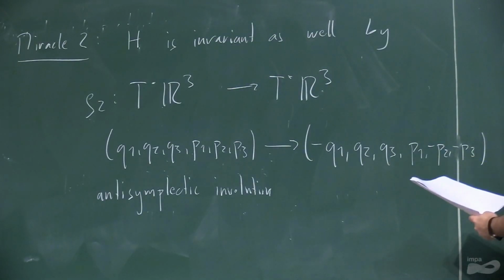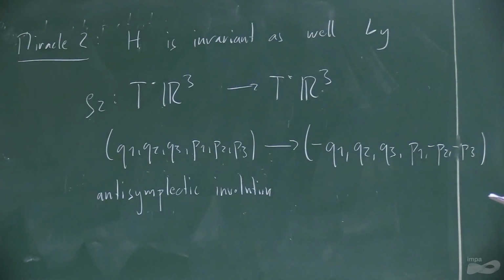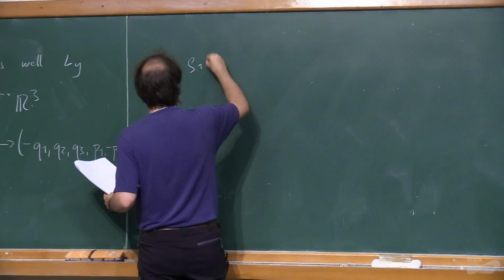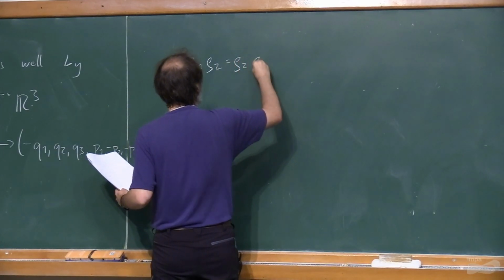So now we have two antisymplectic involutions, and they again commute. So we have rho 1 rho 2 equals rho 2 rho 1.